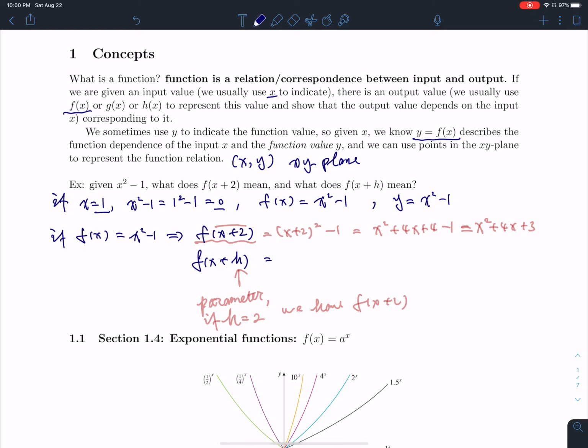So this is more abstract than f of x plus 2, but the idea is about the same. The input now is x plus h, and then we use that to put in f of x, and so the x is replaced by x plus h. So this is what we have for f of x plus h. This is very general, all right? And we will use this a lot, especially when we try to derive the derivative.